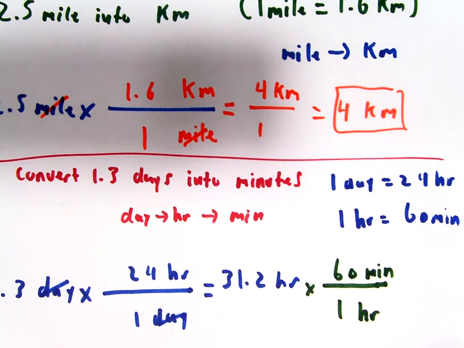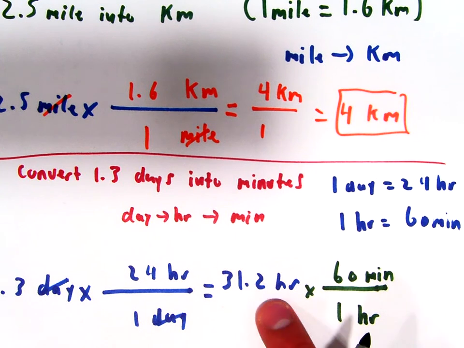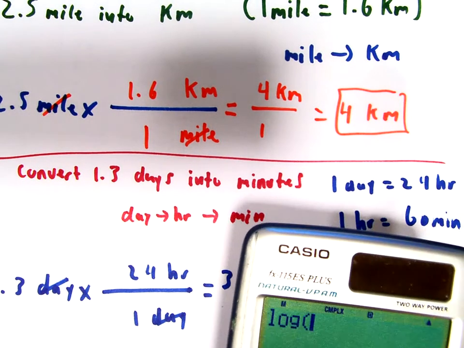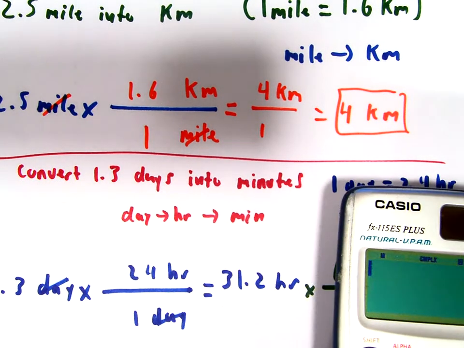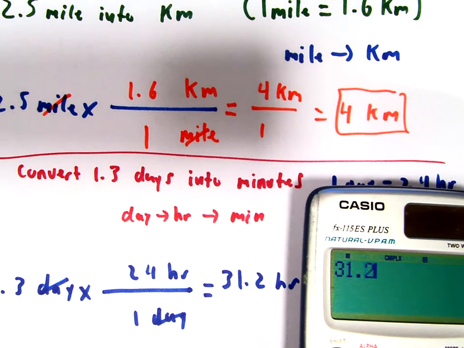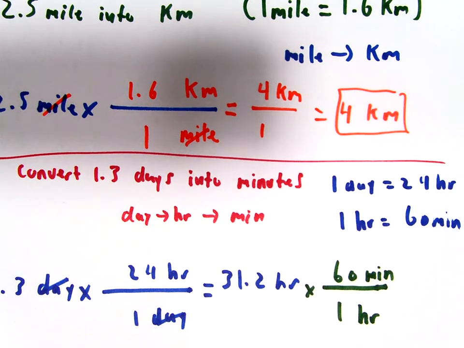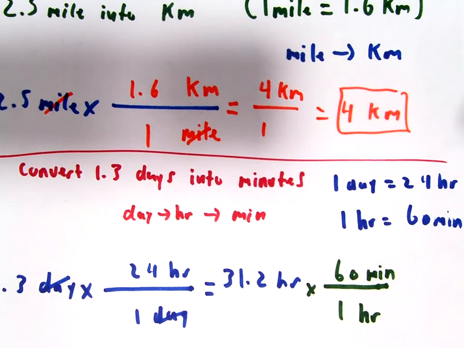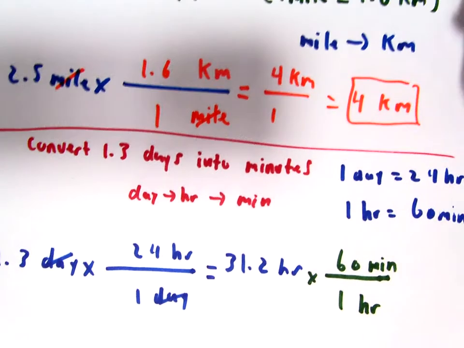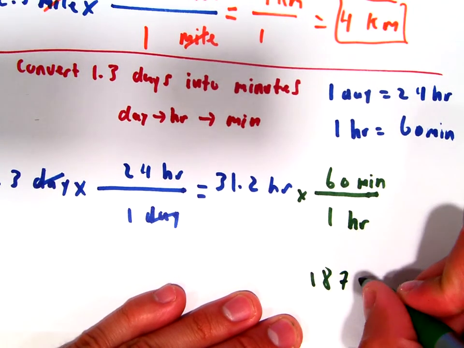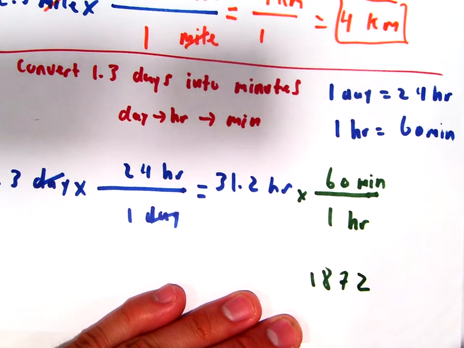Okay? And then same process. This number times 60. So 31.2 times 60 equals, I'm going to put the answer in the bottom here. So my answer would be 1,872.